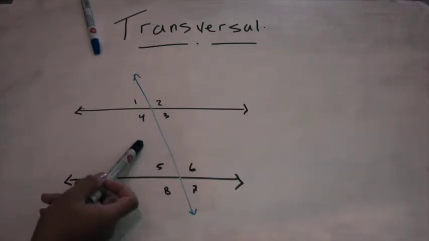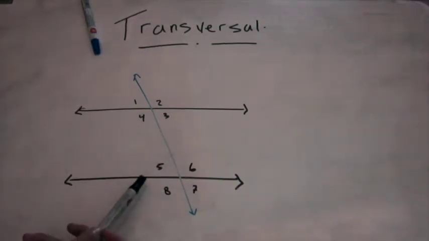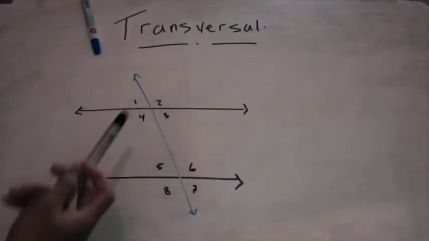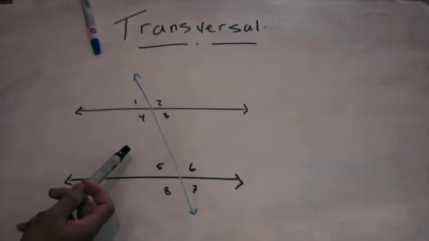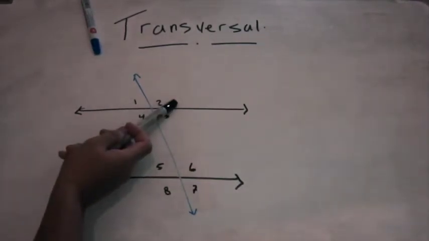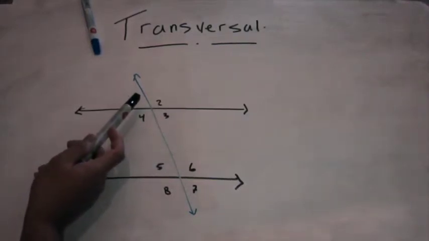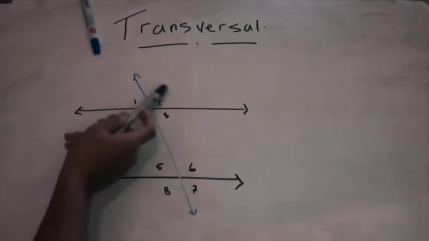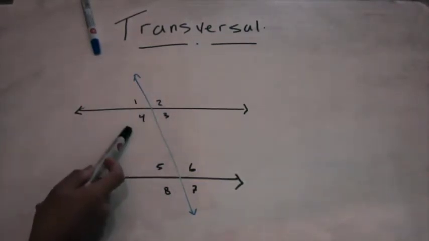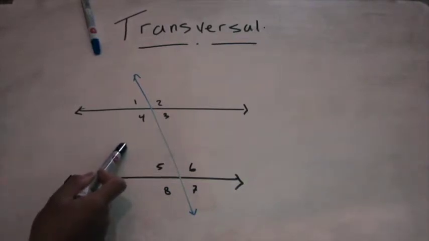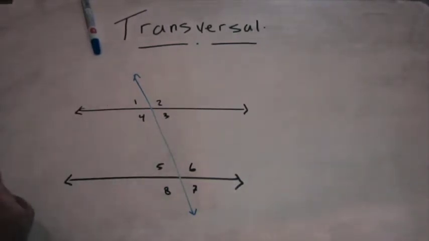That's going to be the same measure as 6 and 8. 1 and 3 are going to have the same measure as 5 and 7. In addition to that, look at 1 and 2. They create a linear pair, which adds up to 180 degrees, as well as 3 and 4. So once you know any of the angles in a setup like this, you can figure out the other ones.